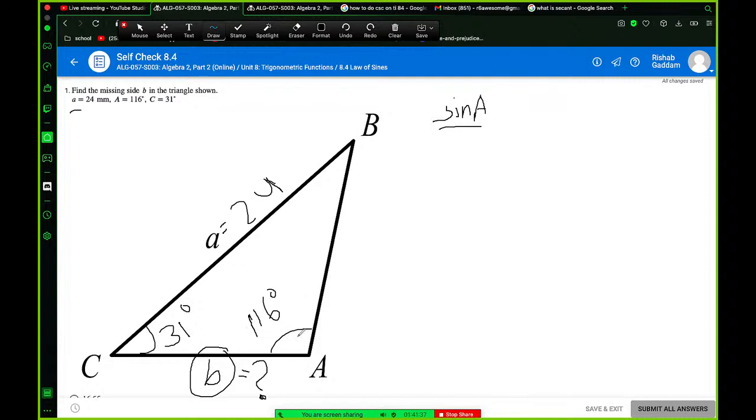Oh yeah. So 180 minus 31 minus 116. Okay, 180 minus 147. That gives you 33.